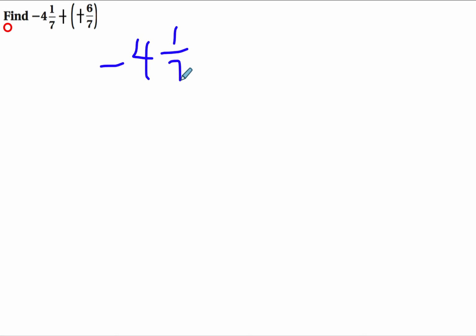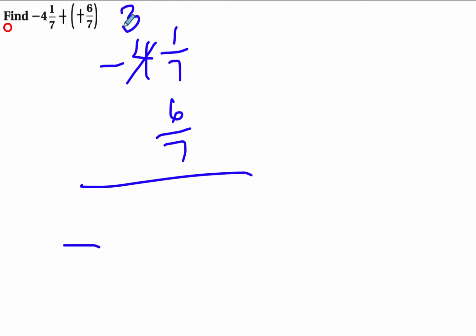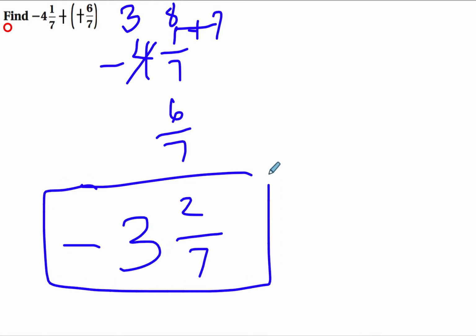We're going to subtract from that 6/7. Now, when we subtract here, of course, we're going to get a negative. 1/7 minus 6/7 can't be done, so we do have to borrow. And when we borrow, you have to add 7, because you're borrowing a 1. 1 plus 7, that's 8. 8/7 minus 6/7 is 2/7. And then 3, you just can bring the 3 down. You get negative 3 2/7 is the answer there.